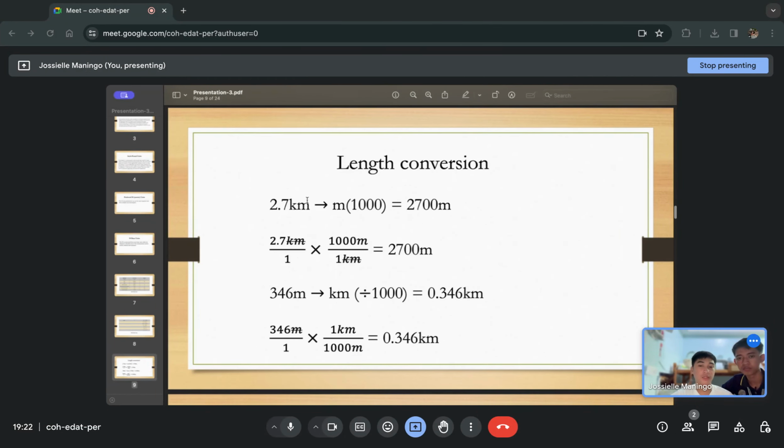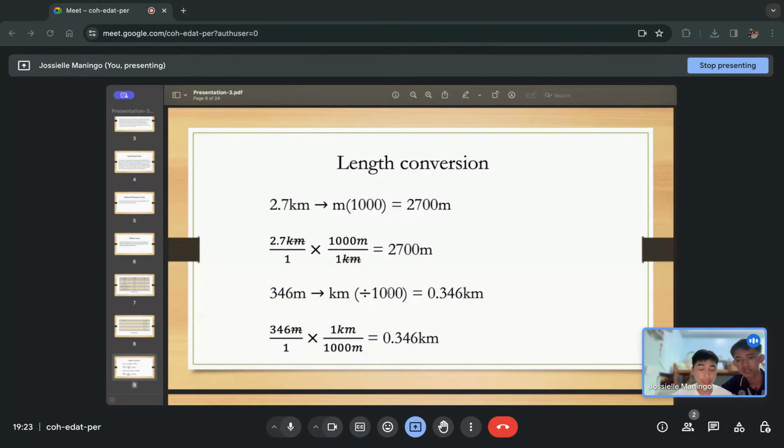Convert 2.7 kilometers to meters. So, we multiply. If km to meter, you multiply; if meter to km, you divide. And for the formula, for example, 2.7 km over 1 times 1,000 meters per 1 km. We cancel out the km, as in the last topic of Sir on conversion canceling out, and cross multiply: 2.7 times 1,000 is 2,700 meters. Next, 346 meters to km: divide.